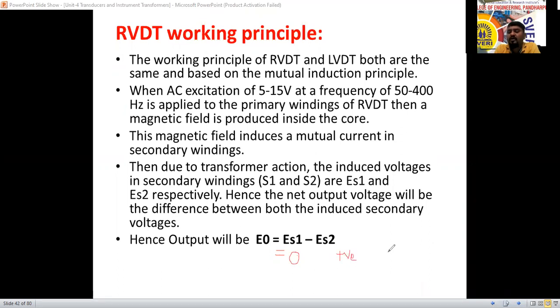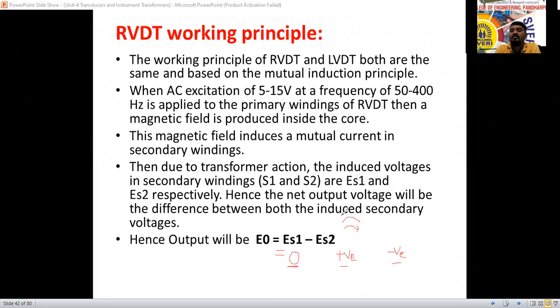If ES2 is greater than ES1, we get a negative answer. So there are 3 cases again here. This one is the null position. The positive and negative are not left and right, but angular: clockwise and anti-clockwise.